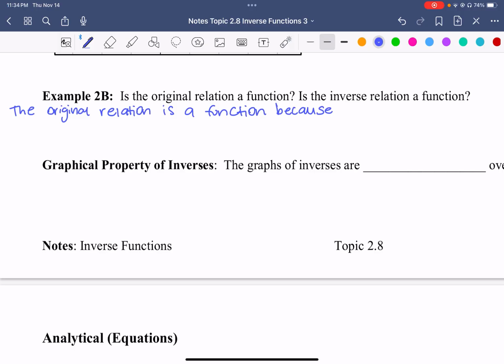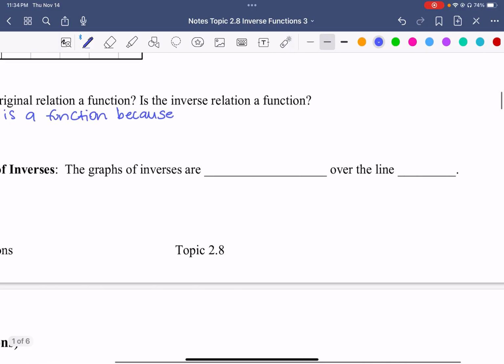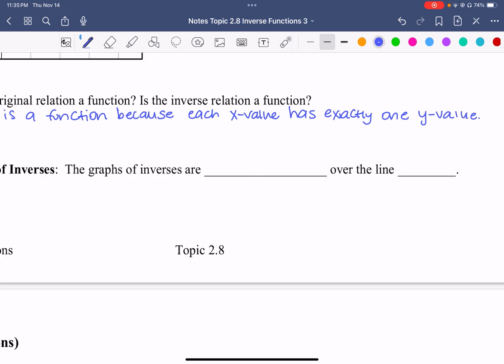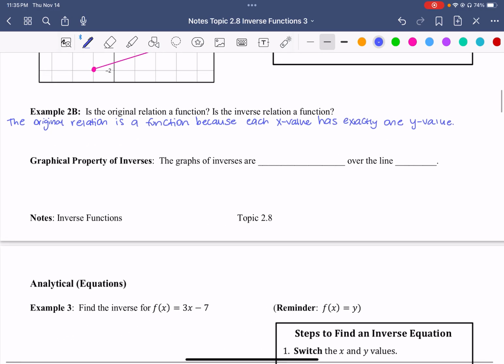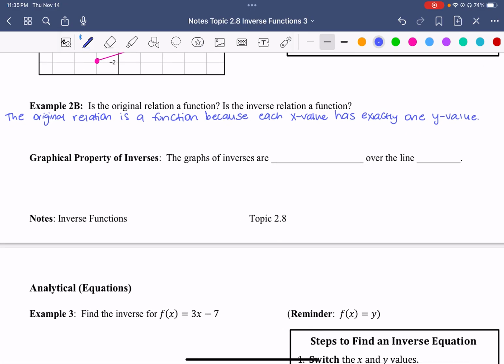So if you're going to prove whether something is a function or not, you need to say because each x value has exactly one y value. Okay, so you can use the vertical line test as a strategy, but you cannot put it in your answer that it's a function because it passes the vertical line test. You have to say because each x value has exactly one y value.